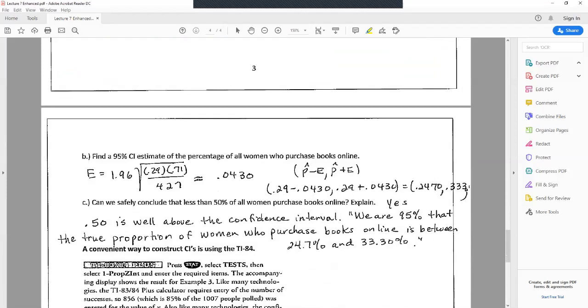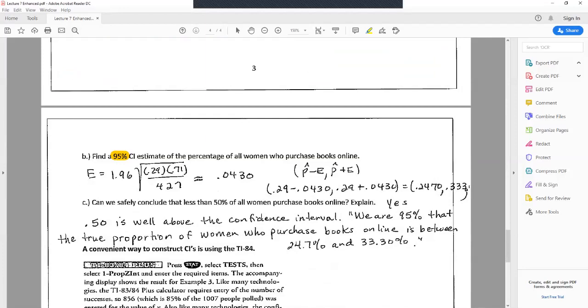Part B says to find a 95% confidence interval estimate of the percentage of all women who purchase books online. Well, if we're going to use a confidence interval at the 95% level, we need to figure out the margin of error.